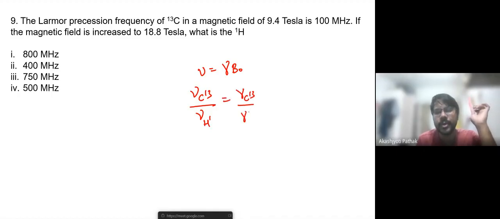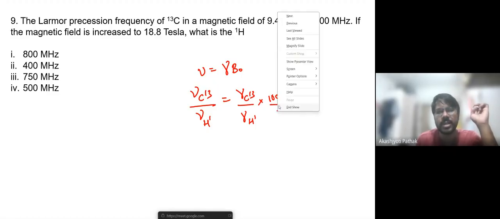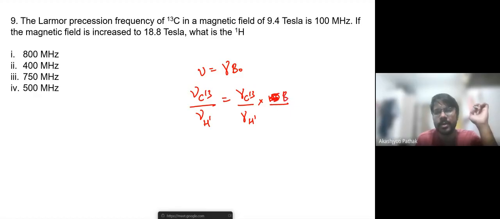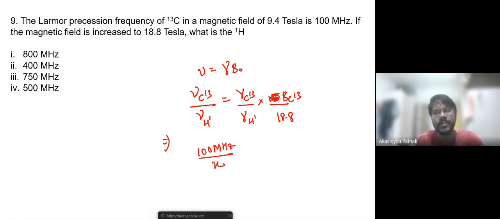You know the value of the gyromagnetic ratio of C13, and the frequency used for carbon-13 at 9.4 Tesla is 100 megahertz. You want to determine the frequency at 18.8 Tesla. For C13 you don't know it, but you know B naught for the proton.